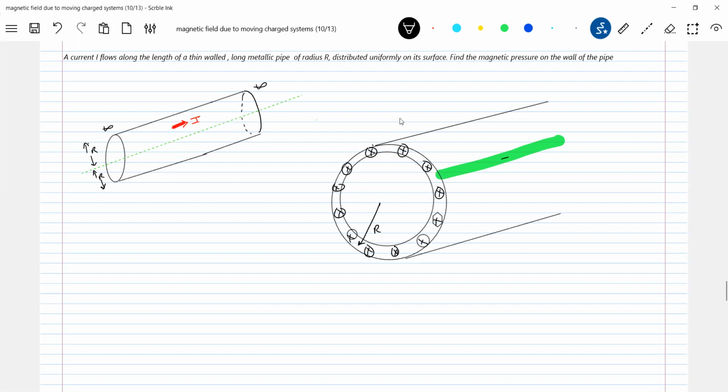Let di be the current flowing in this elemental strip. Length of the strip, let it be dl, and let this width be dx or dr, anything you can write. We assume the strip like this.